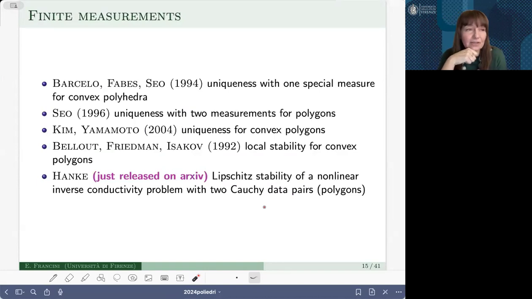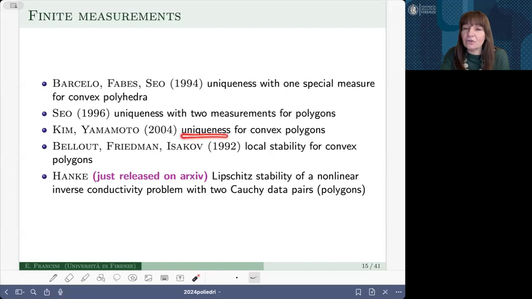And as a matter of fact, there are a bunch of results that show uniqueness in the reconstruction from a finite number of measurements. There is a result from '94 by Barcelo, Fabes, and Seo, in which they show uniqueness with one special measurement for convex polyhedra. There is a result by Seo that shows uniqueness with 2 measurements for polygons, dropping the assumption of convexity.